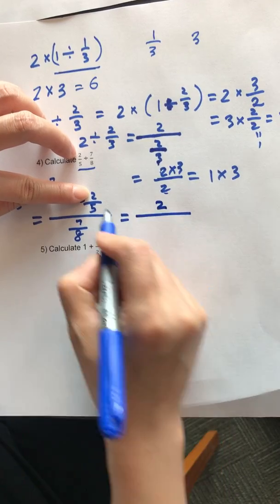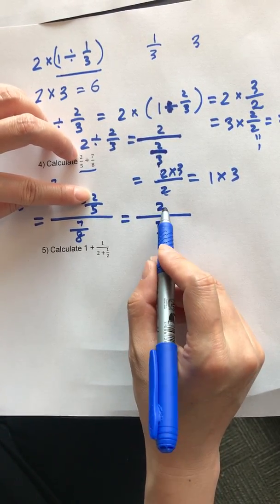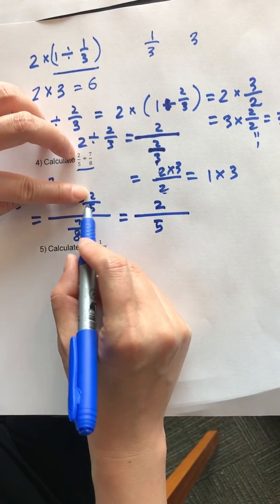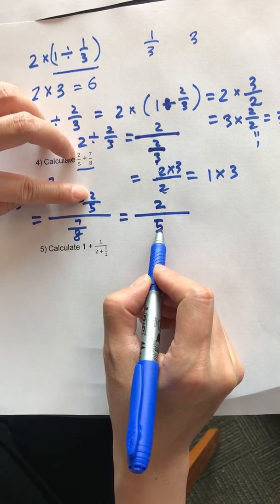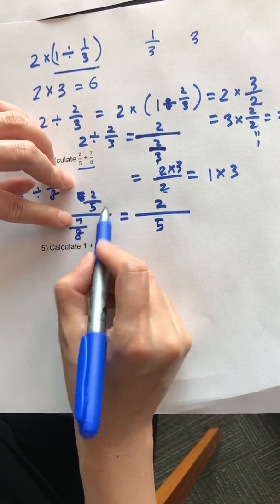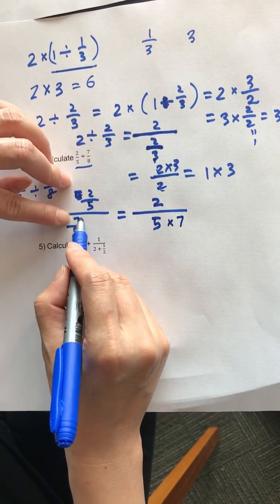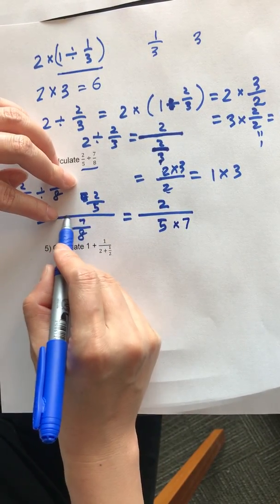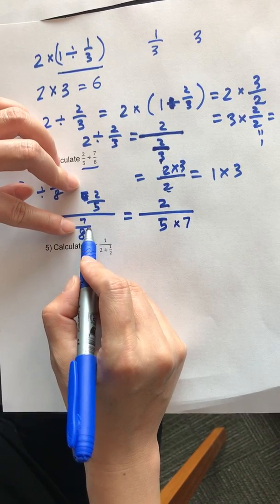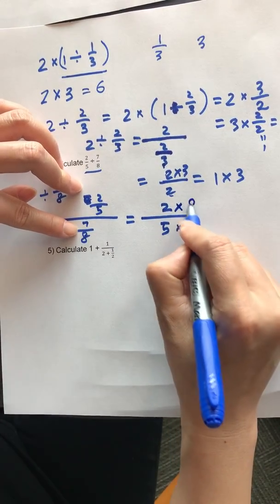So the eventual fraction form is going to have 2 in the numerator. 5 divided once stays in the denominator. 7 is divided once by this top number, so the 7 stays here in the denominator. 8 got divided once, got divided twice, it actually becomes a numerator.